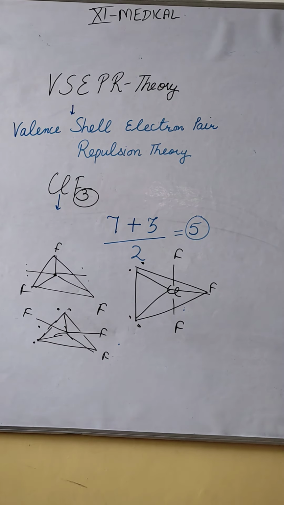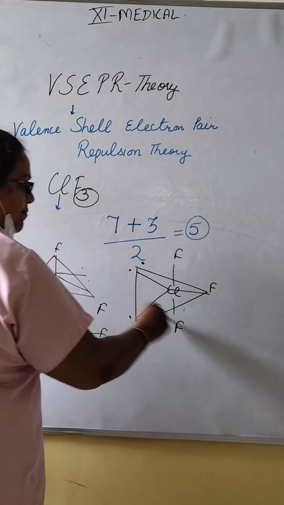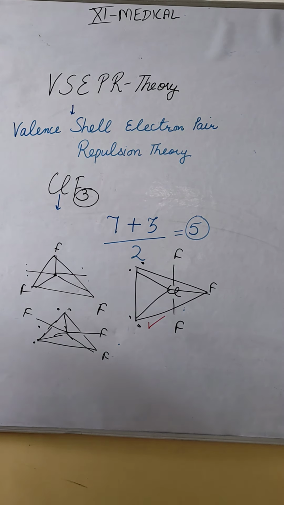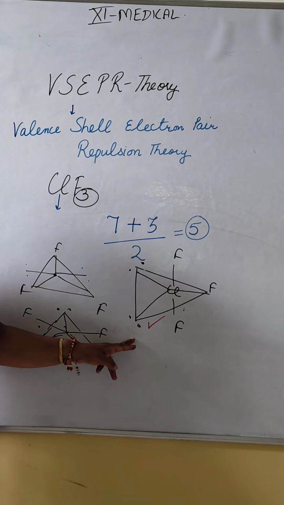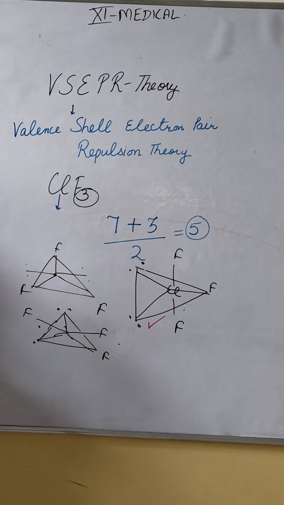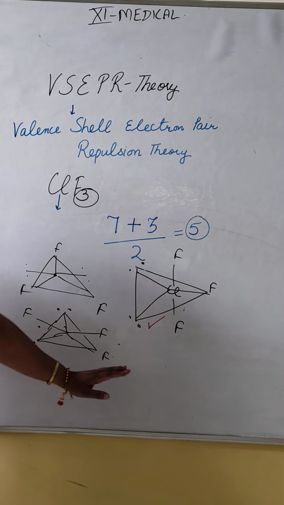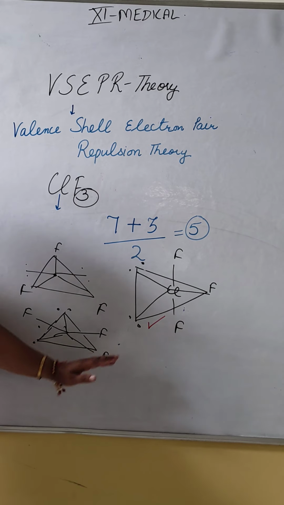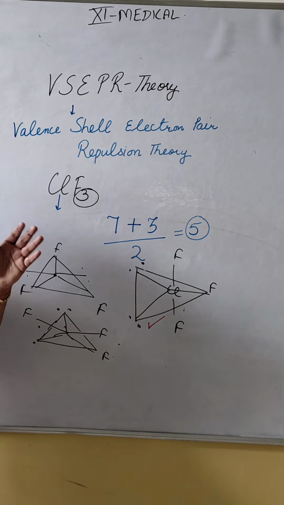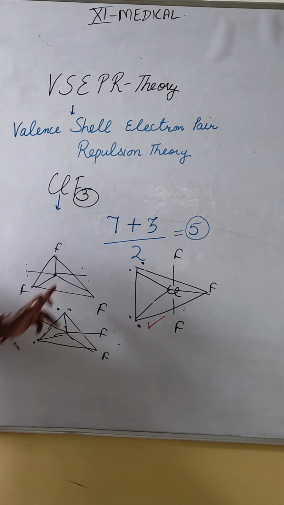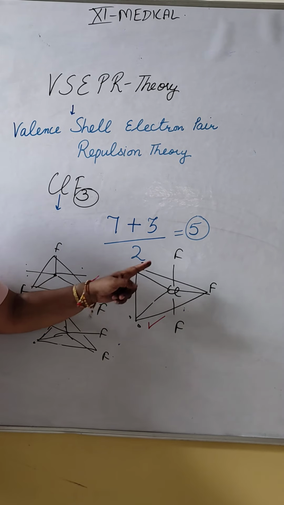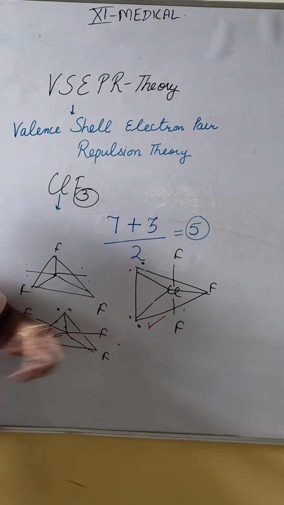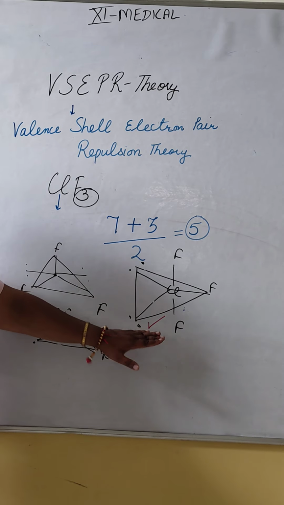But this is the correct shape. Why so? Why are the lone pairs present at the equatorial position? Because if you remember the first line, I said the electron pair should be present at that position where repulsion between them is minimum and stability is maximum. So in all of these 3 cases, this case has minimum repulsion and maximum stability. That's why the correct shape of this molecule is this.